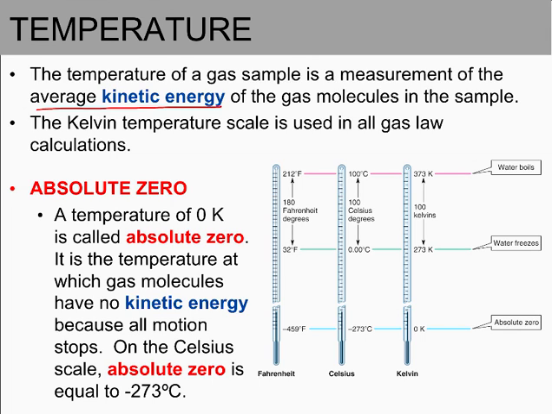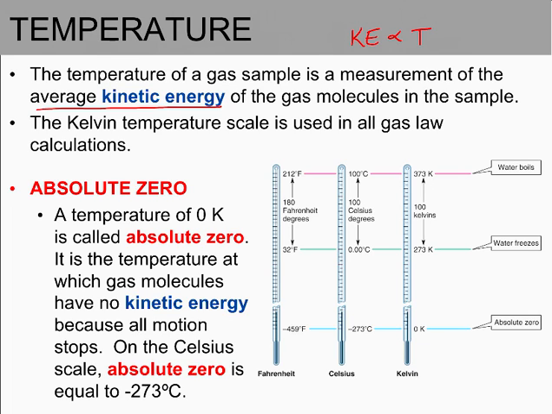So kinetic energy is proportional to temperature. The more energetic a gas is, the higher its temperature, and the less energetic the gas is, the lower the temperature. So kinetic energy and temperature are directly related to each other.